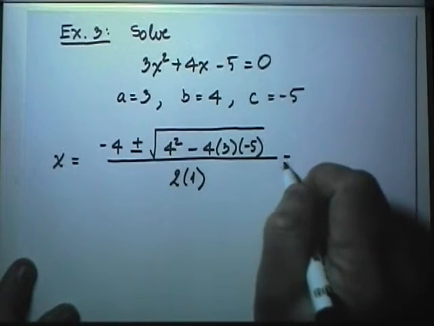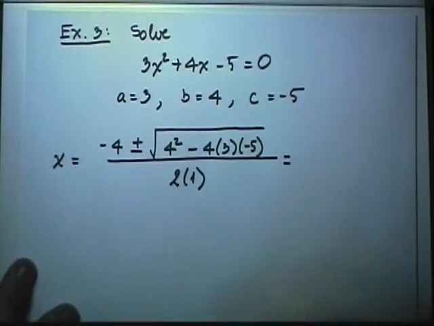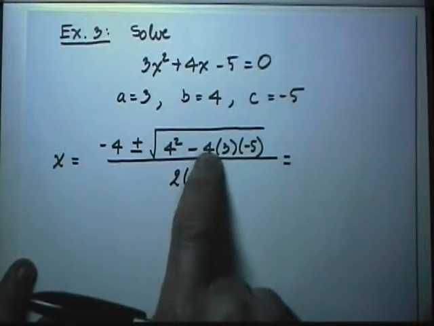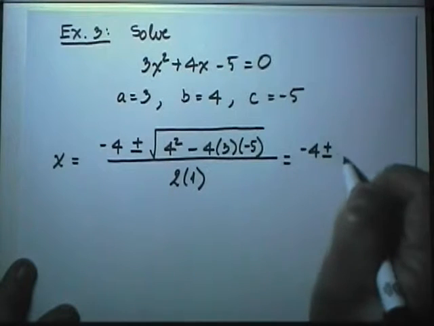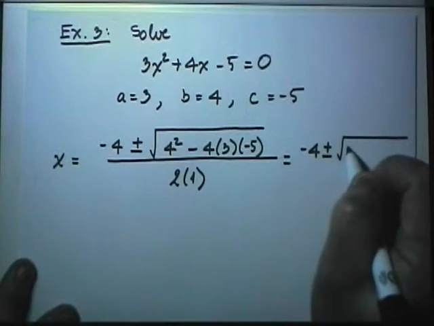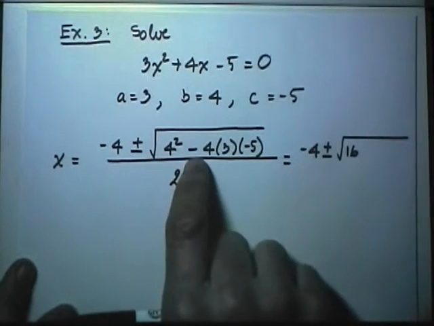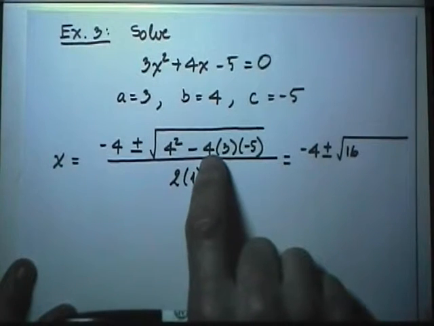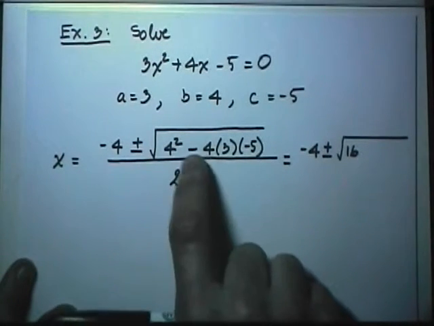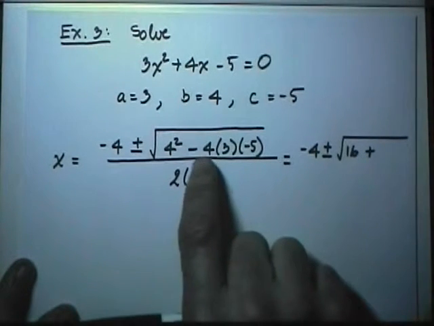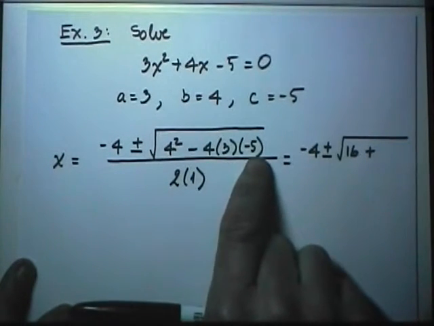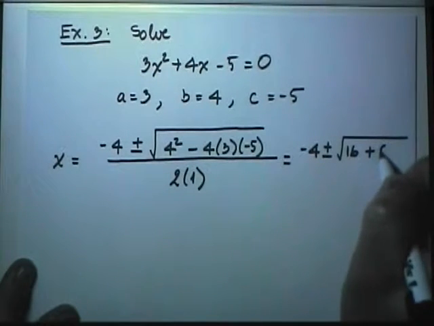Alright, now I can go ahead and compute what's underneath the square root. So I have -4 plus and minus the square root, and what I have is 16 because it's 4 squared, then minus 4 times 3 times -5. Together with that minus right here, the sign changes to a plus, and 4 times 5 is 20, times 3 is 60.